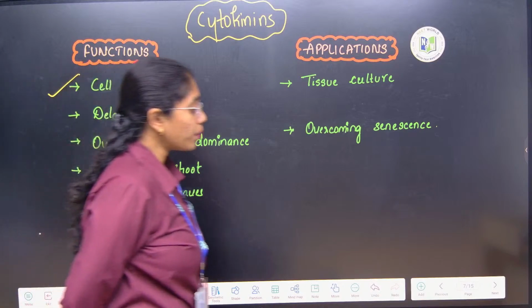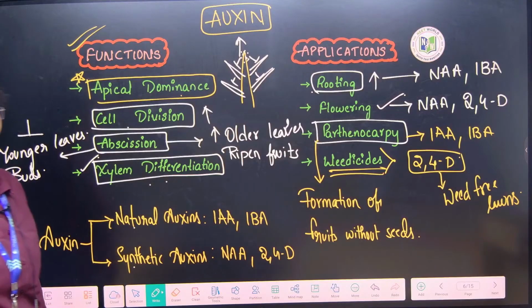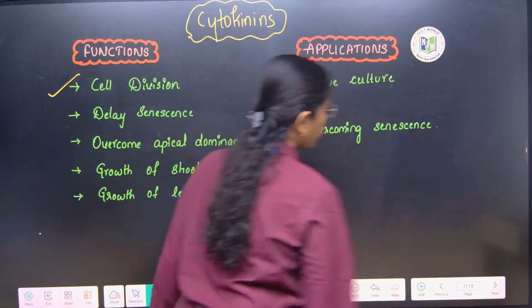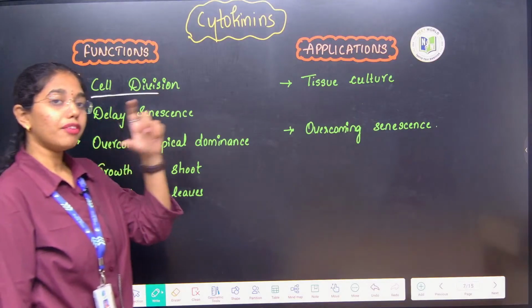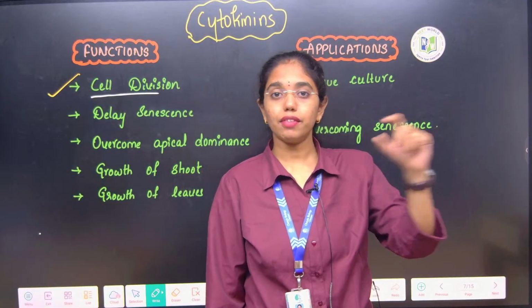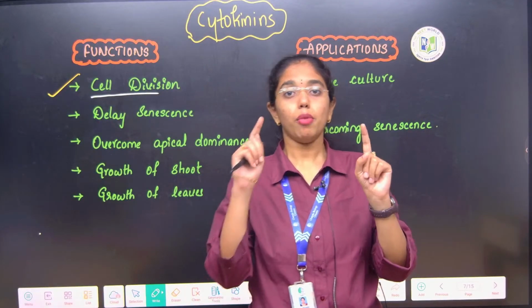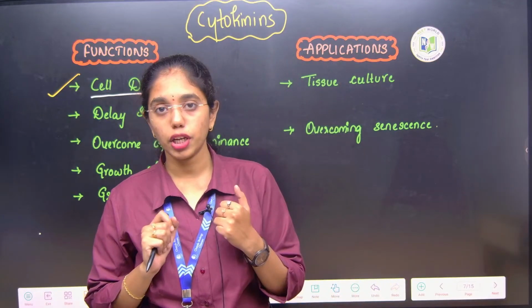Okay, now you might be asking me, ma'am, auxins also perform the activity of cell division. Cytokinins also perform the activity of cell division. For example, if we got a question that which phytohormone will promote cell division and 4 options are given, amongst that one will be auxin, one will be cytokinin, what option we need to choose?